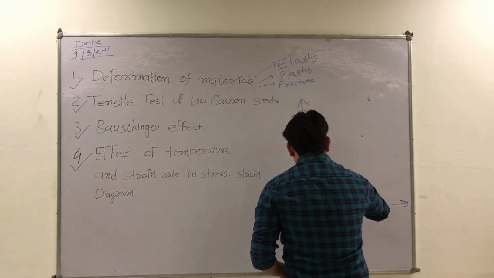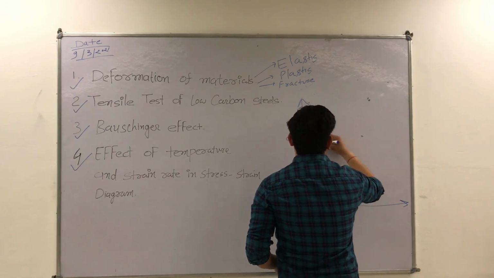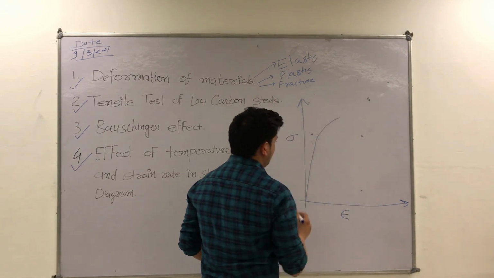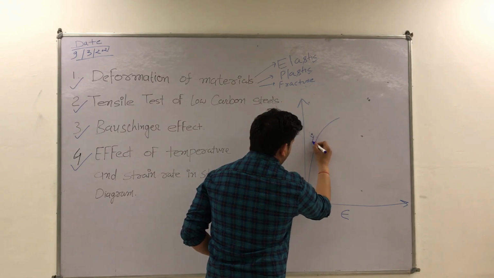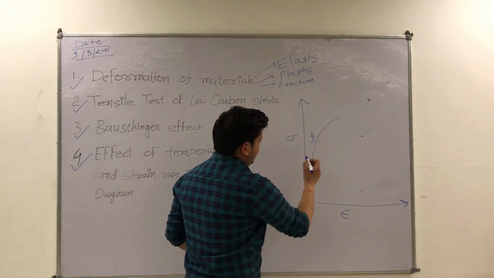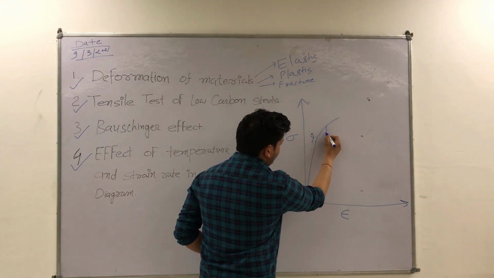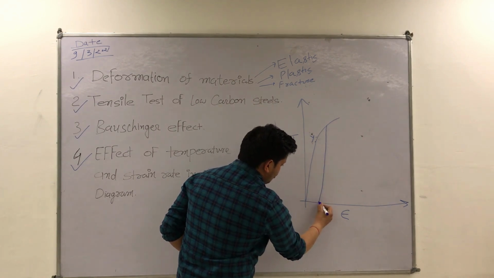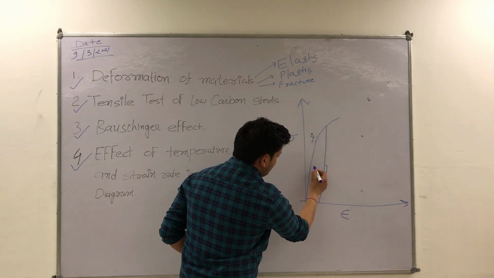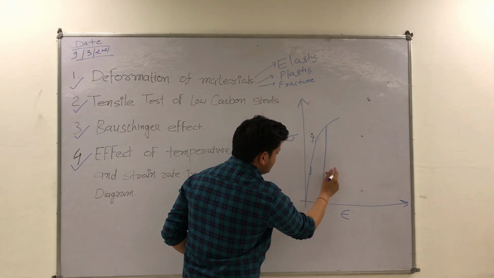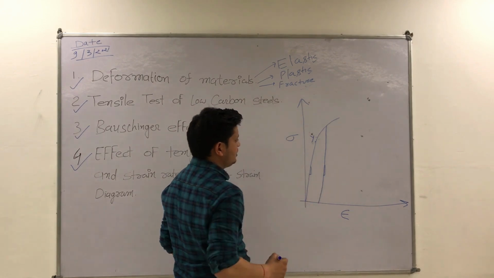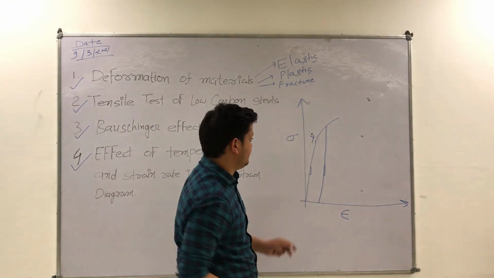Let's suppose this is the elastic region, and after that there is a yielding. Let's suppose this is the initial yield point Y, and after yielding I unload the material from a certain point, then the slope of this curve is also equal to the slope of this curve, means the slope is the same for both the curves, and slope is equal to the modulus of elasticity.